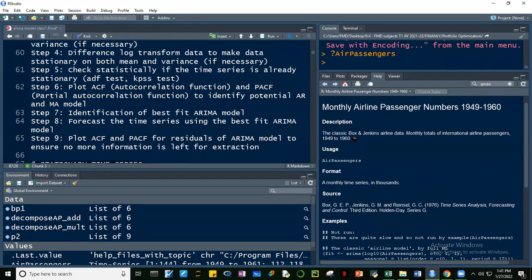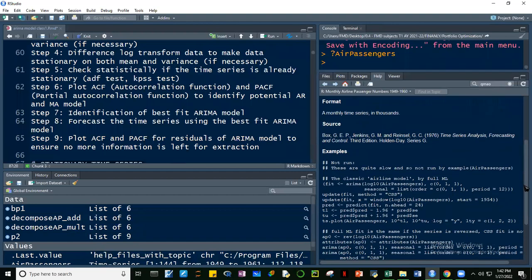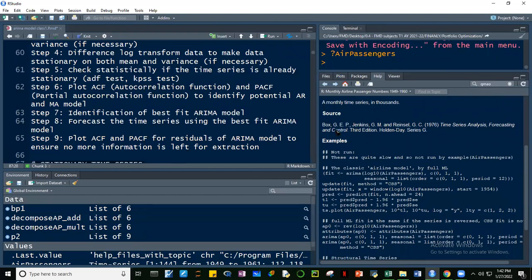Ito yung classic na Box and Jenkins airline data. I think this was the data used by Box and Jenkins. So ito, monthly total of international air passengers from 1949 to 1960. Nanggaling siya kay George Box, and nakalimutan ko yung first name ni Jenkins.